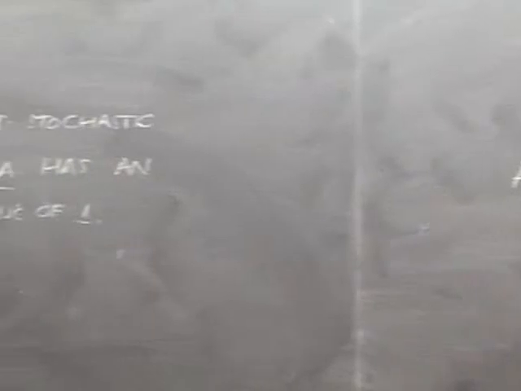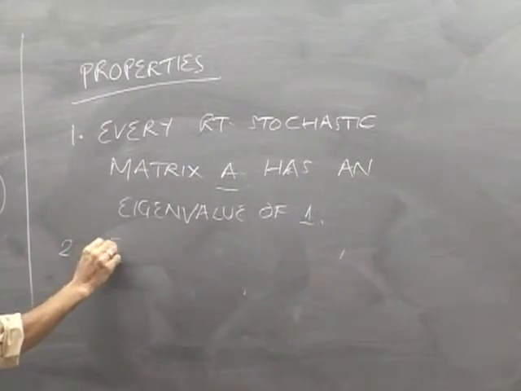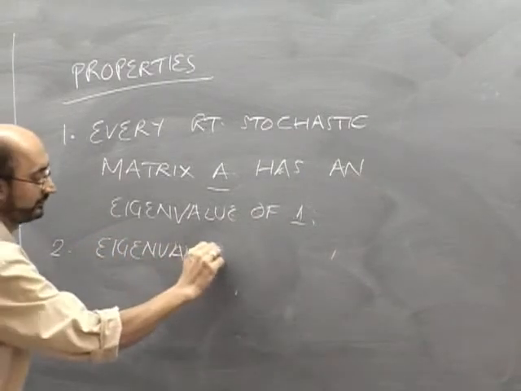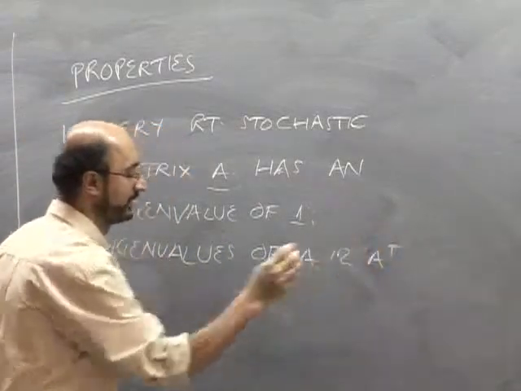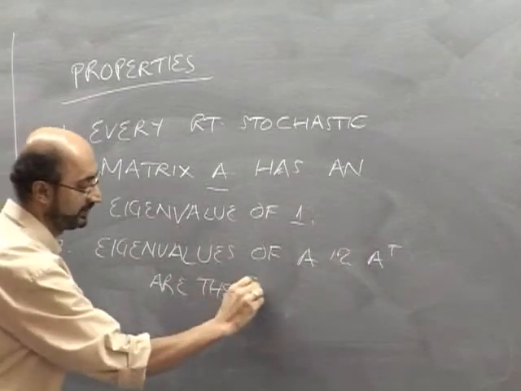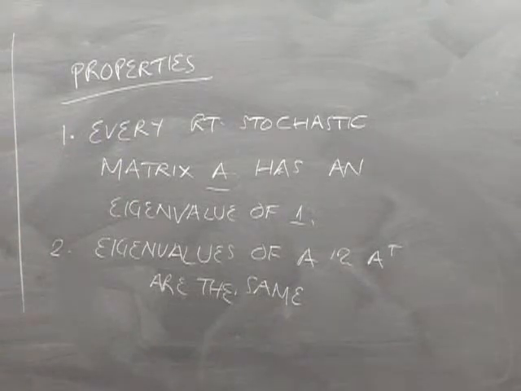The second thing is that the eigenvalues of A and A transpose are the same. This is a fact for any matrix, that the eigenvalues of a matrix and its transpose are the same.